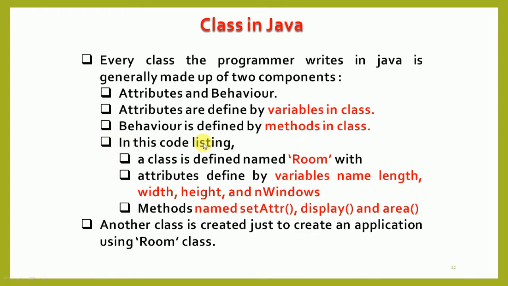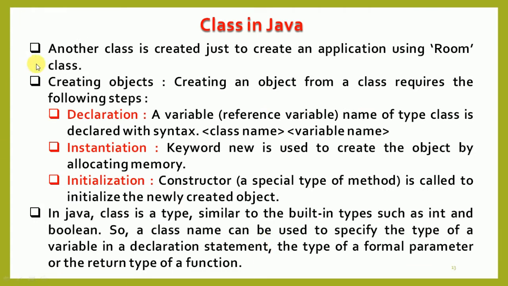So in this code listing, the class is defined with the name Room, and you define the different attributes by the variable names: length, width, height and number of windows. And you define the different methods named set attributes, display and area. Another class is created just to build an application using the Room class, and then creating the different objects.